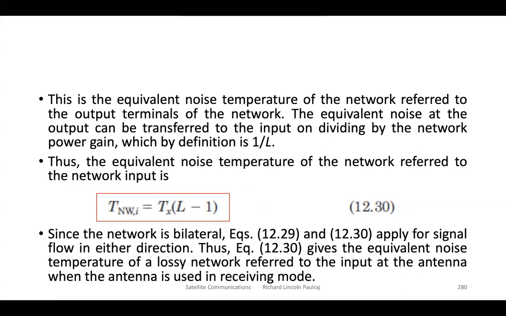So we need to have it work in the bilateral form. This gives us the equivalent noise temperature of a lossy network referred to the input at the antenna when the antenna is used in receiving mode. The antenna can either be in receiving mode or in transmitting mode.